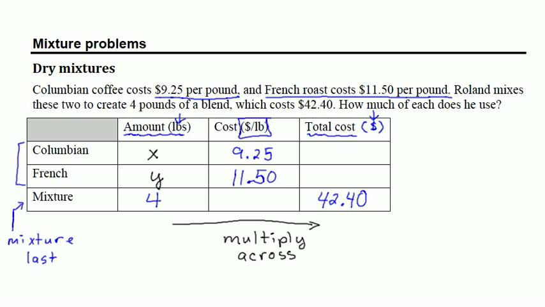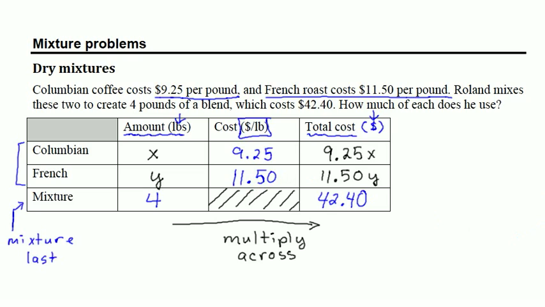So multiplying across, x times 9.25 gives us 9.25x. y times 11.50 gives us 11.50y. And since we already have an entry for total cost, we don't really need this other one that's missing. The middle column is only there to help us fill in the other columns. It's usually not a value that we need to have an entry for every location.